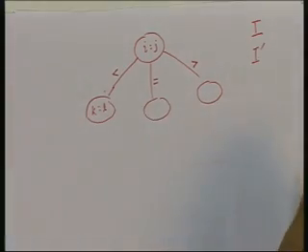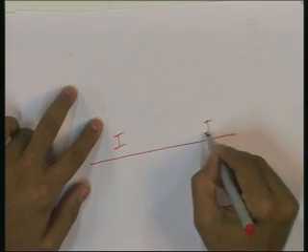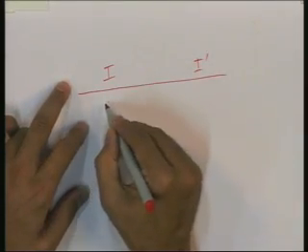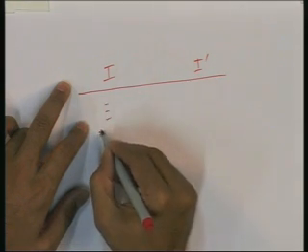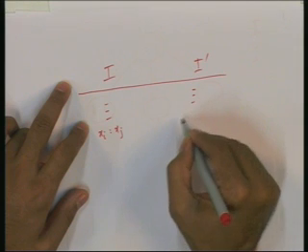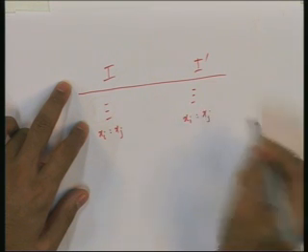Why is that? So let us examine this. So here is an execution of I, and here is an execution of I prime. Somewhere we start execution, we compare xi versus xj, and we know that the first comparison is the same in both, and so we compare xi versus xj.